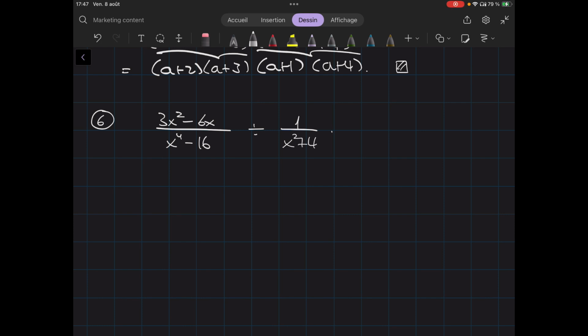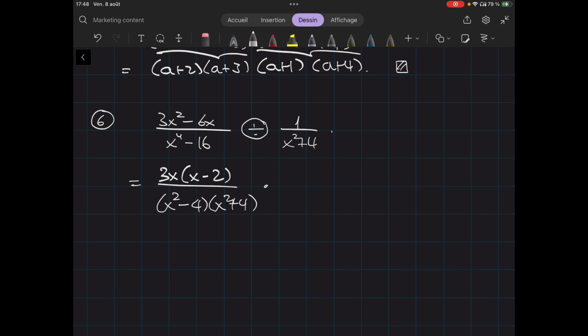So, when dividing algebraic fractions, the first thing you gotta do is to factorize all the numerators and the denominators where possible. For the numerator of the first fraction, if we factor out the 3x, we are left with x minus 2. Downstairs, we have x squared minus 4 times x squared plus 4.